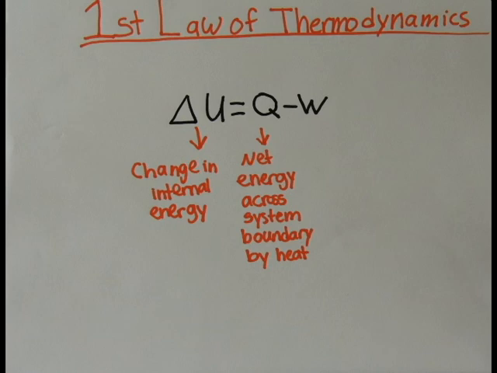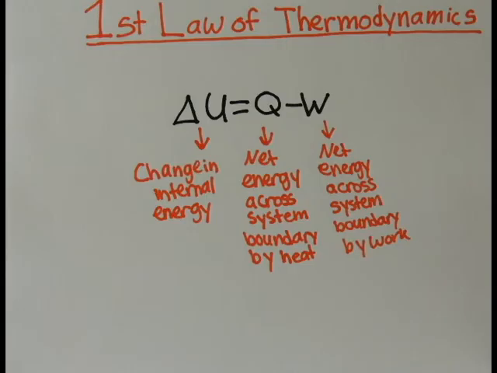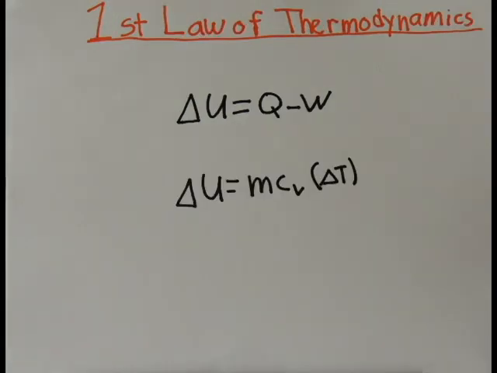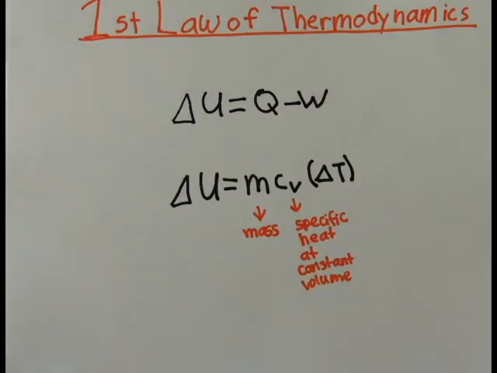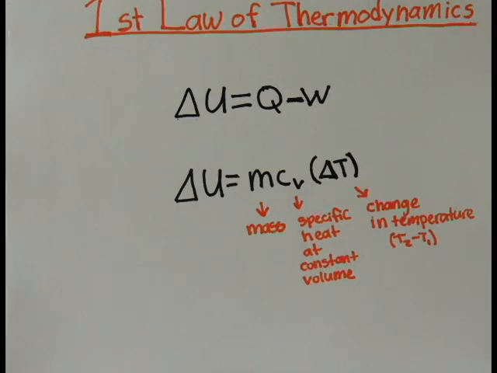Q is the net energy across the system boundary by heat, and W is the net energy across the system boundary by work. Since air is an ideal gas, the change in internal energy is also equal to mCv delta T, where m is the mass of the working fluid, Cv is the specific heat at constant volume, and delta T is the change in temperature, T2 minus T1.